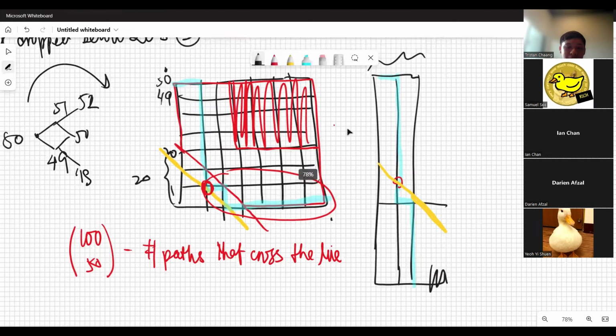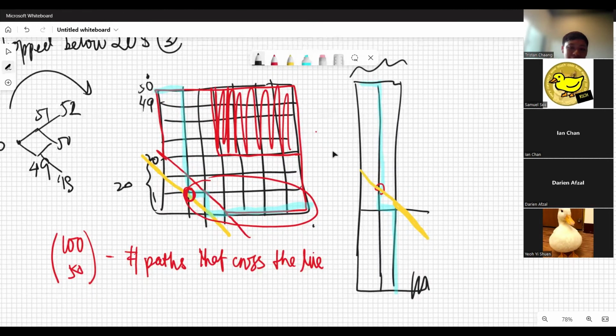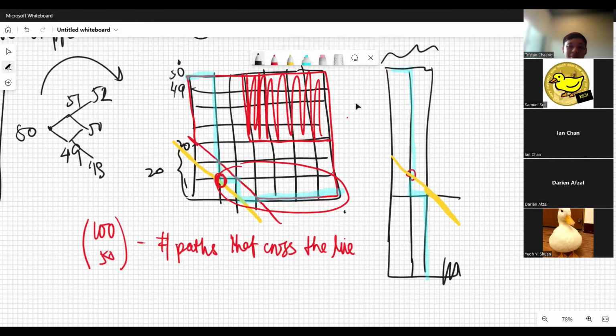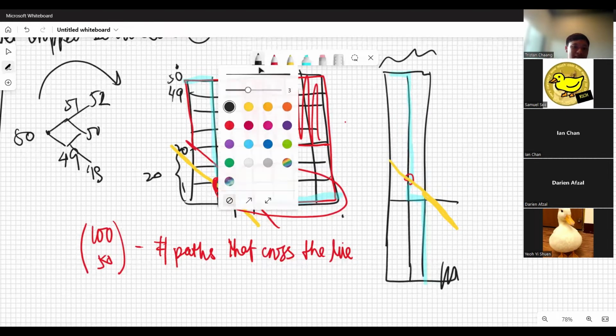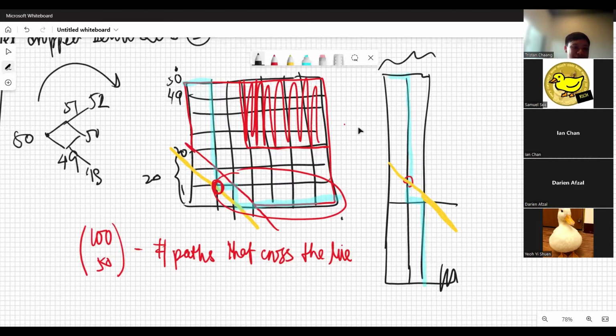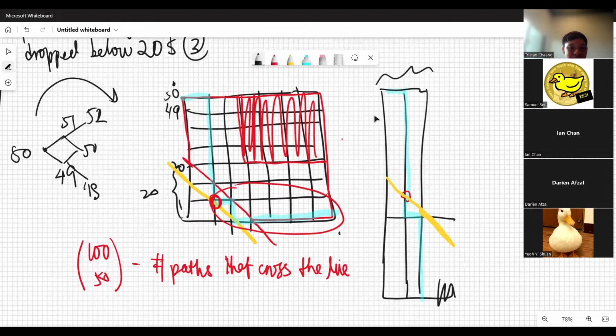And what are the dimensions of this modified rectangle? Let's see. We have to be careful because we don't want to be plus or minus 1 wrong. So we reflect. So how many are there here? So there are 19 squares here. 19 squares here. Because the yellow line is like 1 square to the left of the red line.